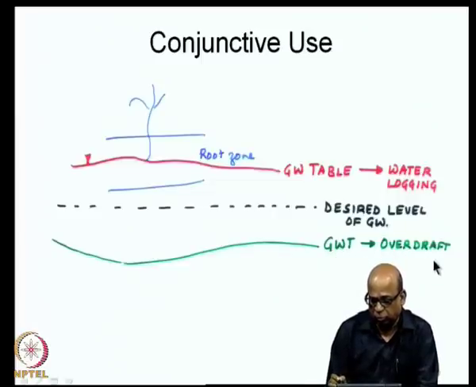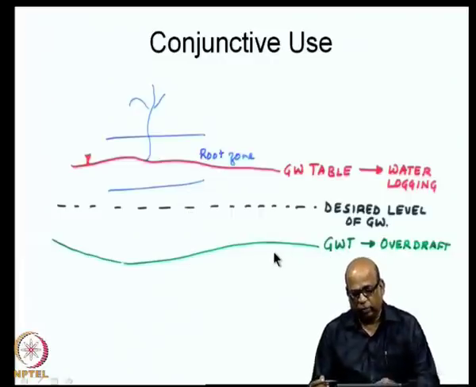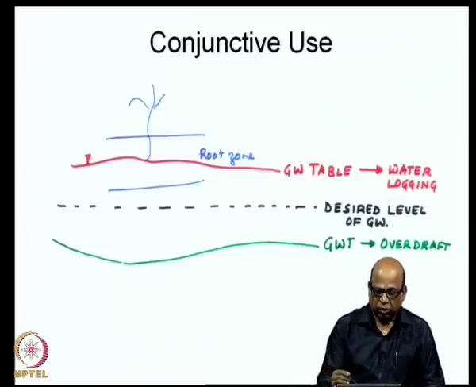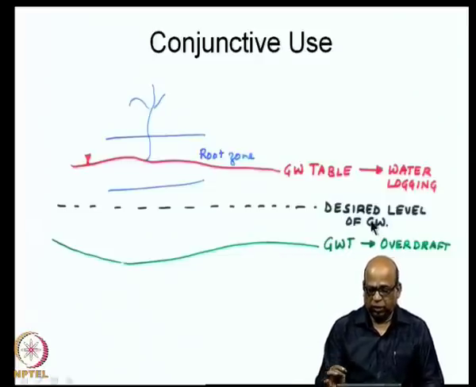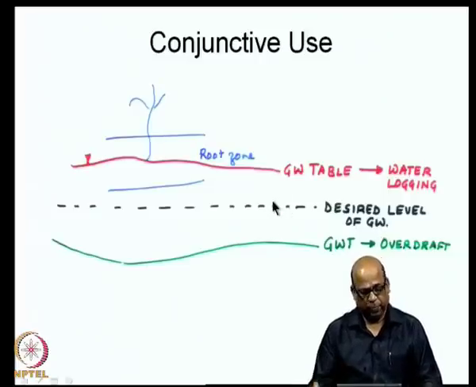So, this causes overdraft of the groundwater. So, we may want the groundwater table to fluctuate within a certain band. It has to be below the root zone, and at the same time it should not go below certain specified water levels. So, we may specify a desired level of groundwater, or a desired band within which the groundwater can fluctuate.